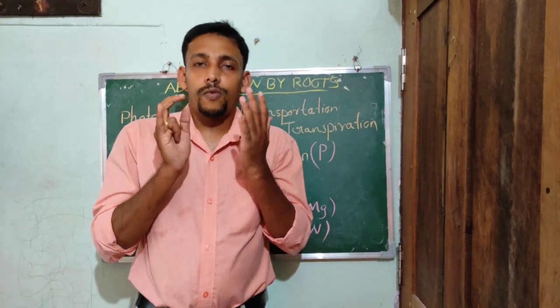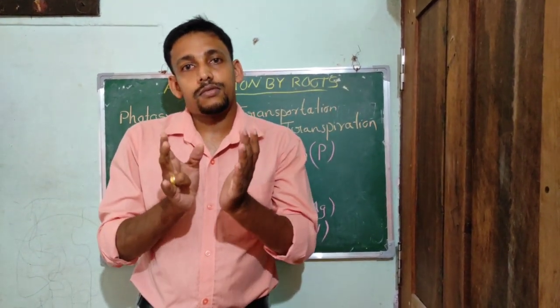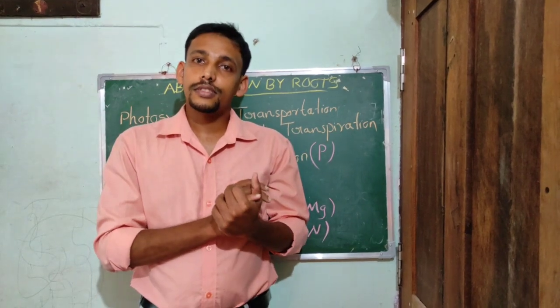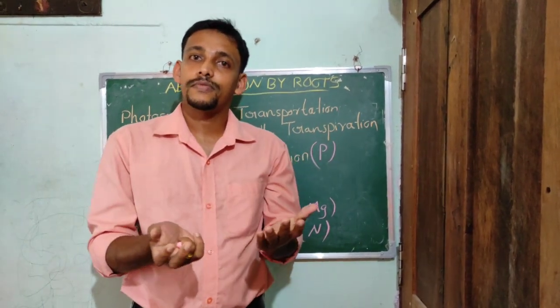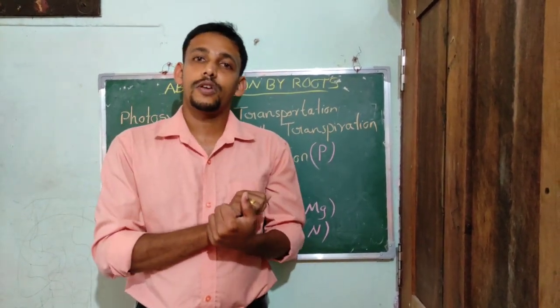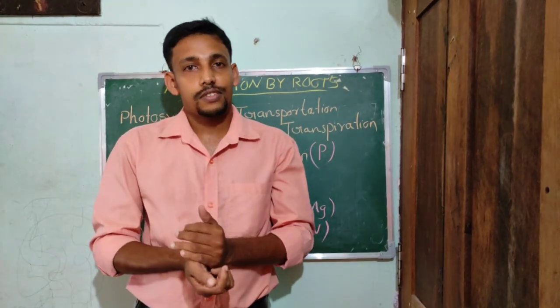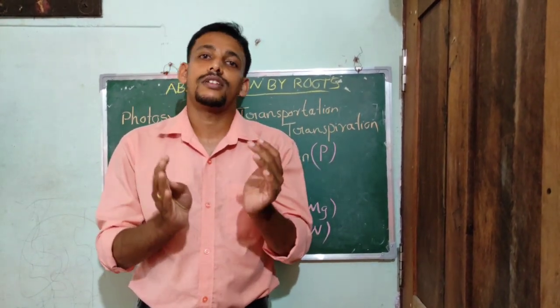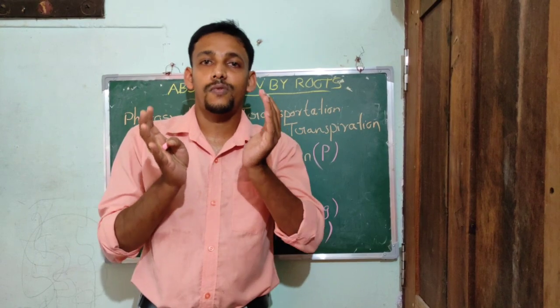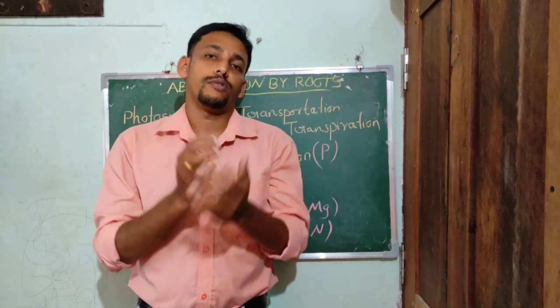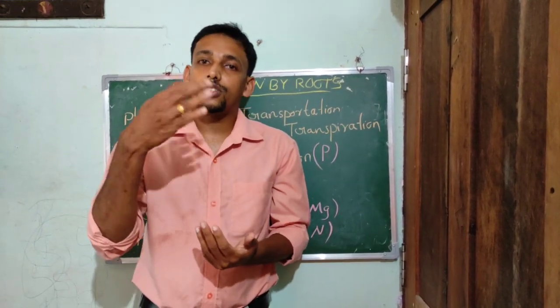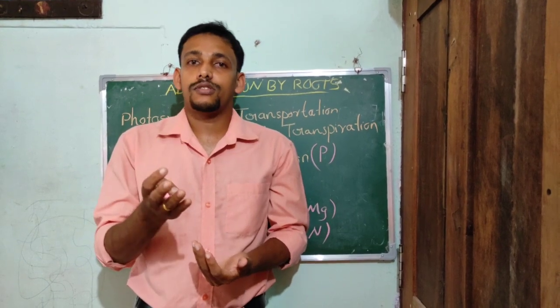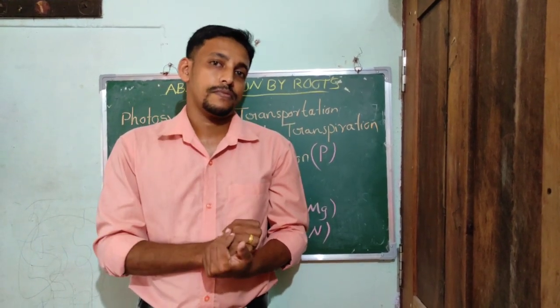So, why do they need this water and minerals? They need it because there are various functions. The minerals and water perform various functions in the plant body. The water may constitute about 90% of the plant body.